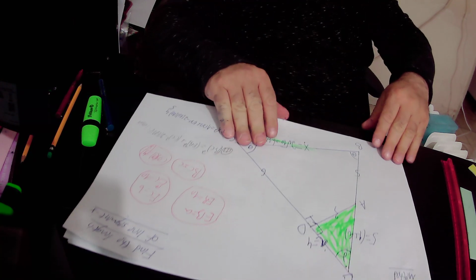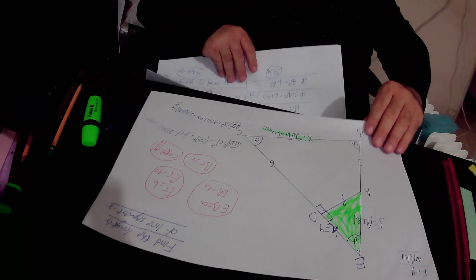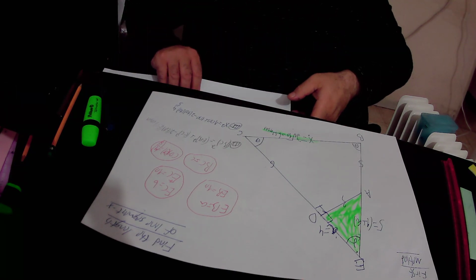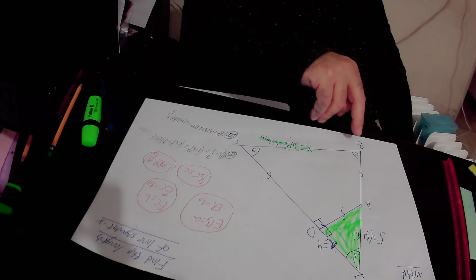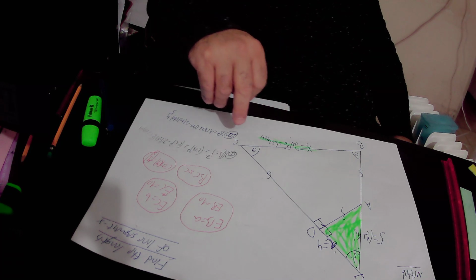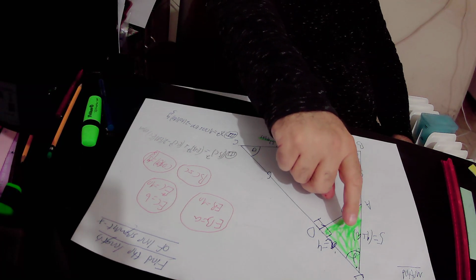So in the first method, we did a construction. We extended side AB and side CD by a straight line until they intersect with each other at point E.